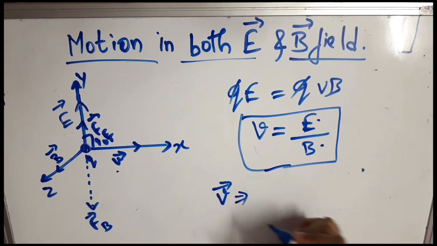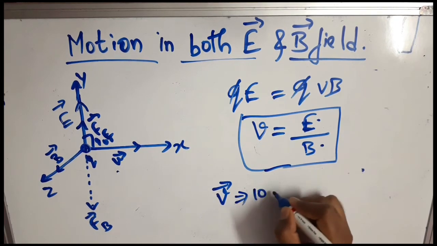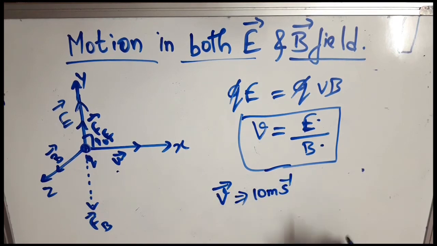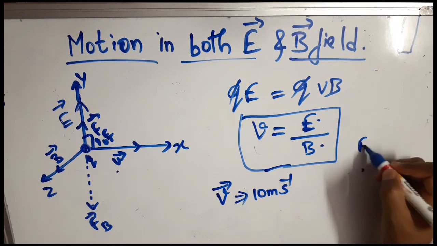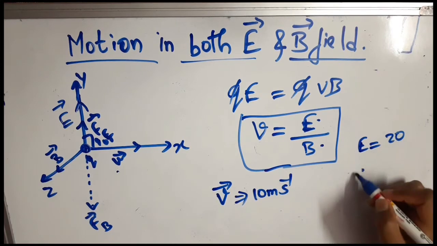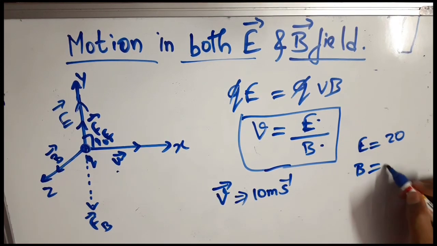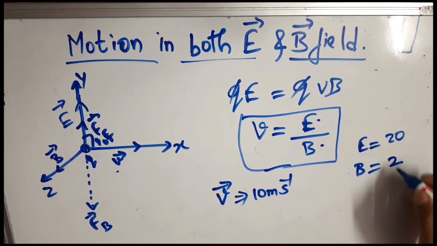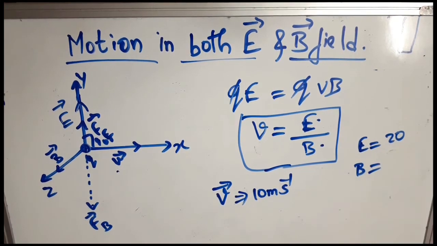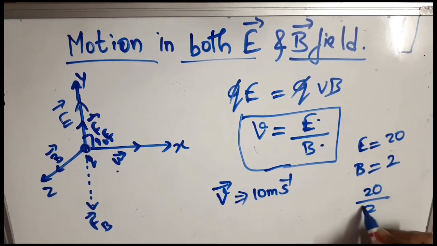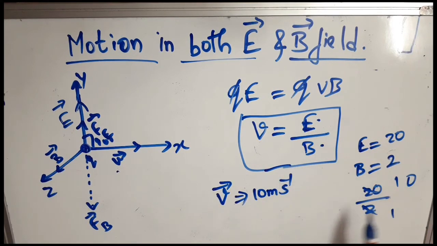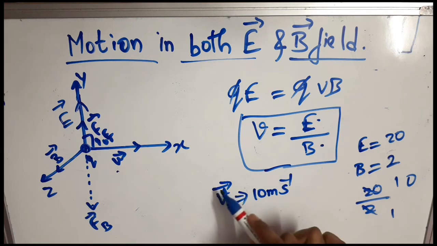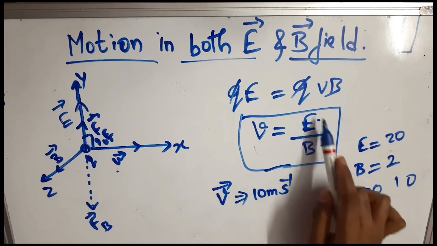For instance, if I need charged particles with a velocity of 10 meters per second, I'm going to choose my electric field as say 20, and my magnetic field magnitude as say 2. So what does this ratio yield? It yields 10.